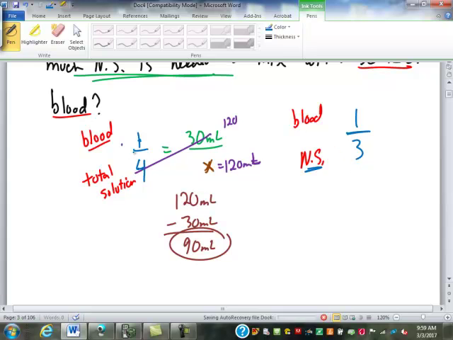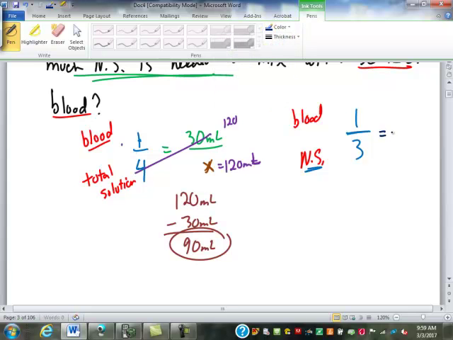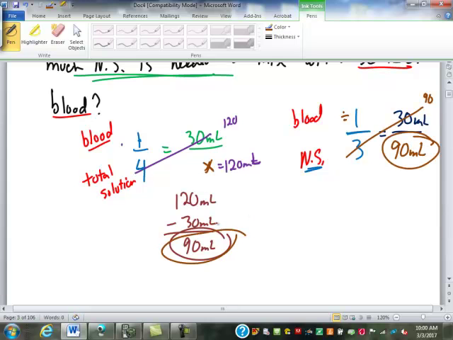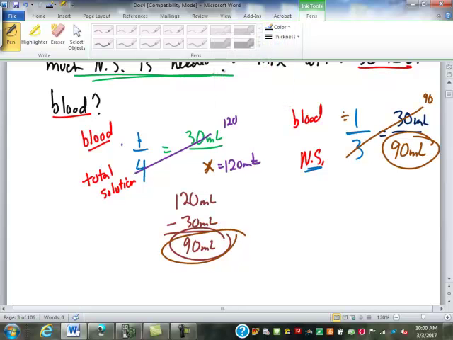The other 3 parts have to be the water. And now on the other side, the 30 milliliters still describes the blood. And we can cross multiply. 3 times 30 is 90, divided by 1 is 90 milliliters. So either way, we get 90 milliliters for the amount of water or saline that's added to that solution.